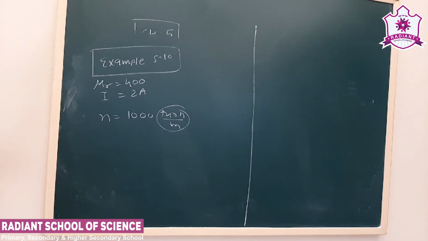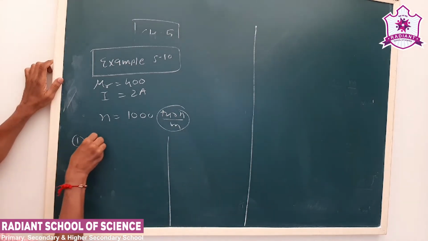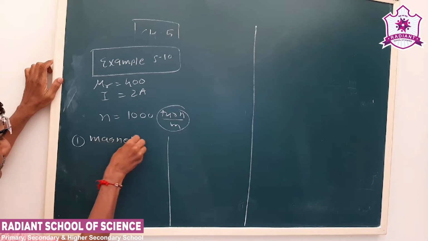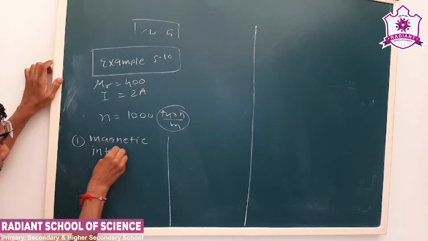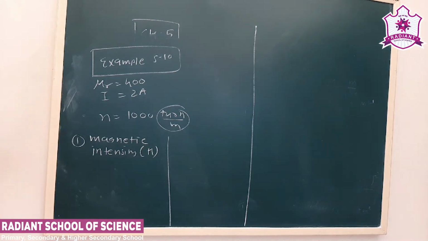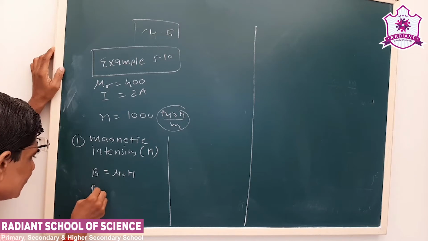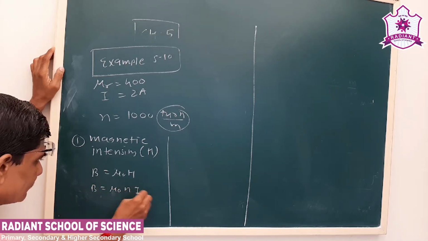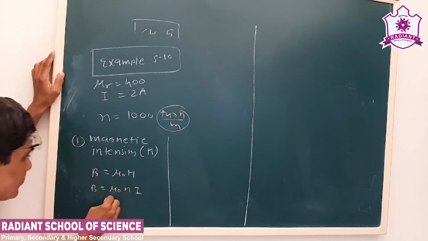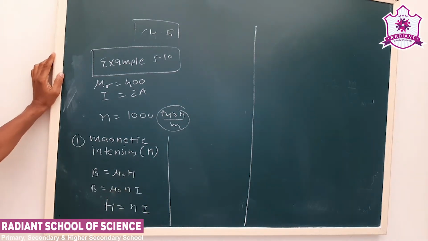First is the magnetic intensity H. Now how do we use the formula? B is equal to mu 0 H, and B is equal to mu 0 n i. If I compare, H is equal to n i, that is the magnetic intensity.